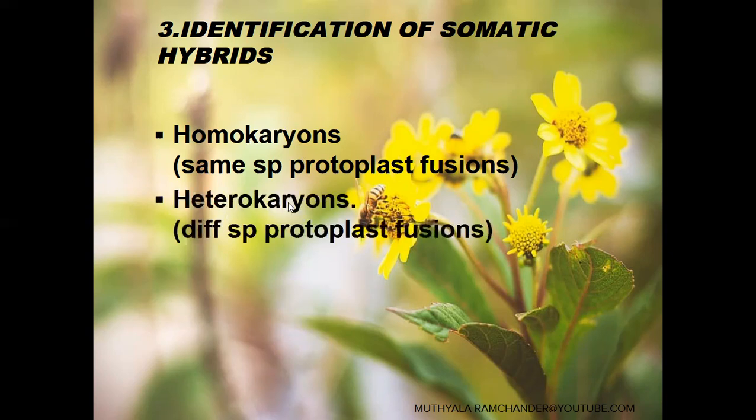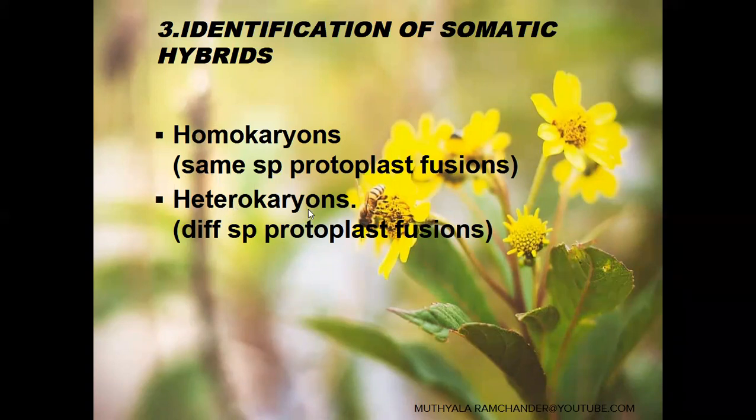And the second one is heterokaryons. In these heterokaryons, the protoplast fusion occurs between two different types of species. Two different species of protoplast fusion are called heterokaryons. In these heterokaryons, the somatic hybrid cells contain new variety of characters, meaning the two different parental plant characters are present in the heterokaryon fusion of protoplast.